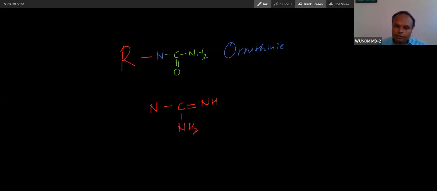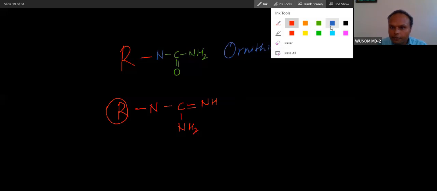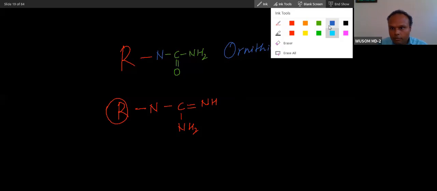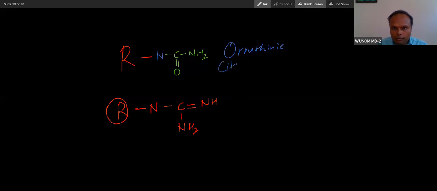What is this thing? After ornithine, this is citrulline. Ornithine has only one nitrogen. Citrulline has two nitrogens with an O group. And this is what? Arginine. Did you get that? Will you remember this difference?